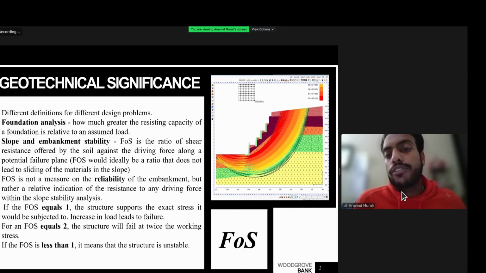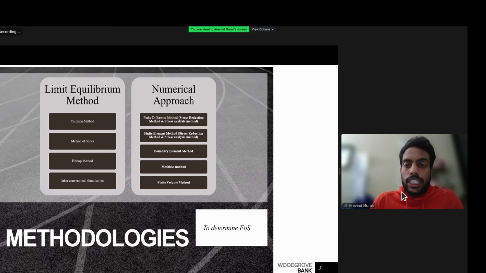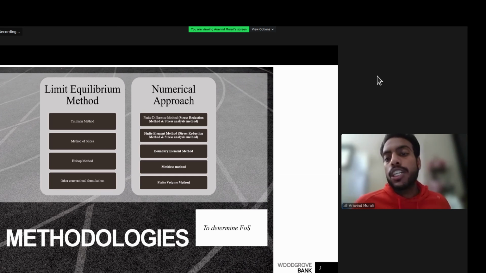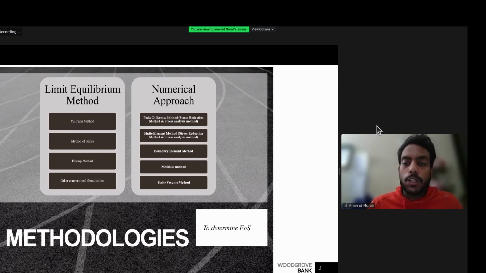Many methodologies are followed to determine the factor of safety. We have the conventional limit equilibrium method, which includes analytical formulations like Fellenius's method of slices, Bishop's method, and other conventional formulations. As real-life problems become advanced or complicated, it becomes cumbersome to extract results using limit equilibrium methods.